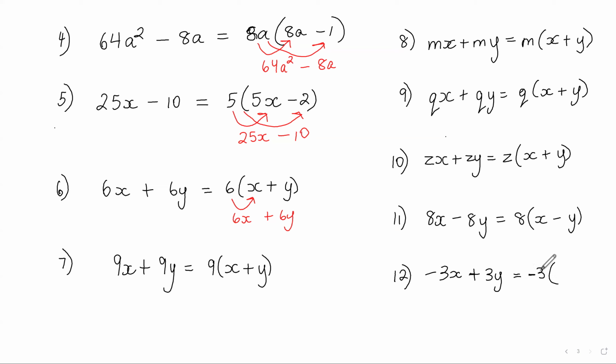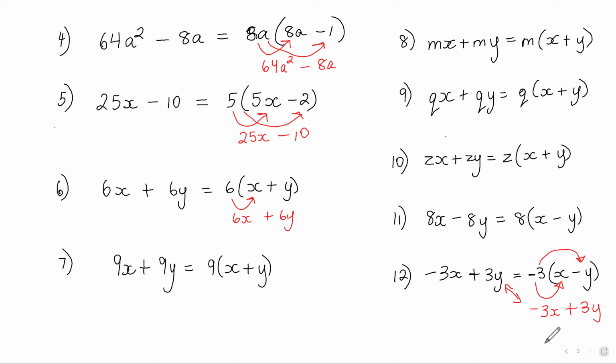In the brackets, negative 3 times x will give me back negative 3x, but negative 3 times negative y will give me positive 3y. You have to be careful with those signs, and make sure that your signs are correct, because negative 3 times x will give me negative 3x, and then negative 3 times negative y will give me positive 3y, which is what I was trying to get here. So be careful with the different signs.